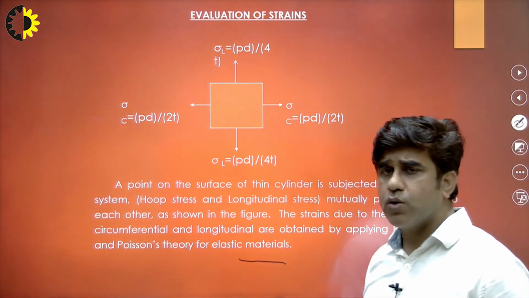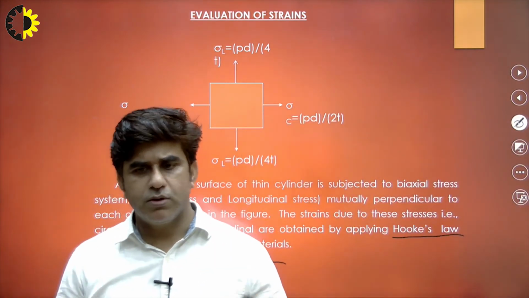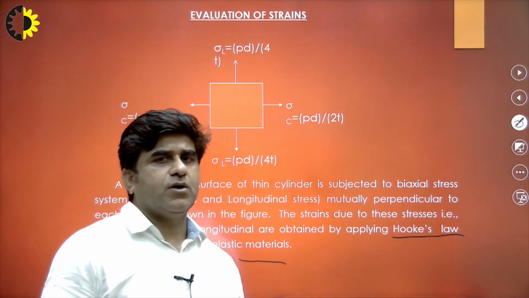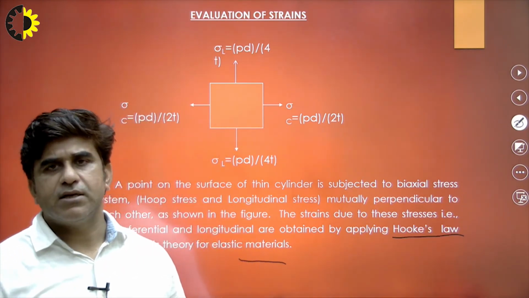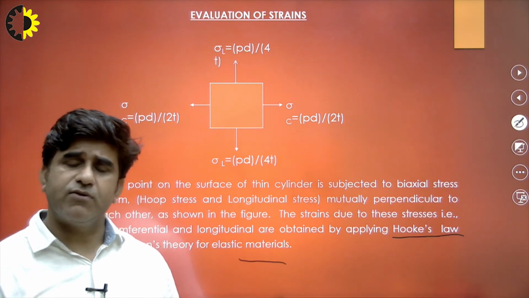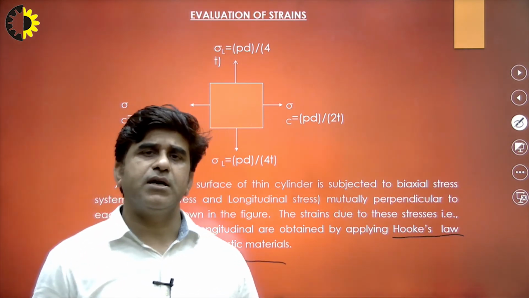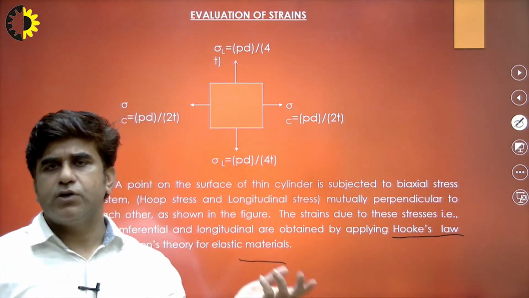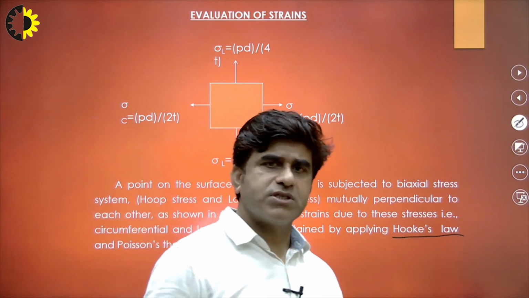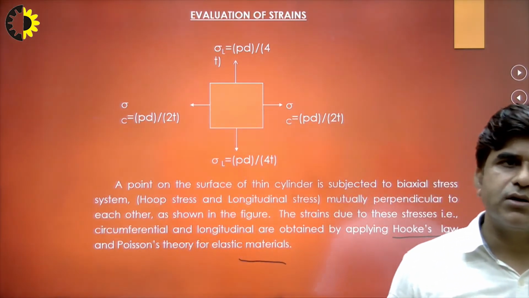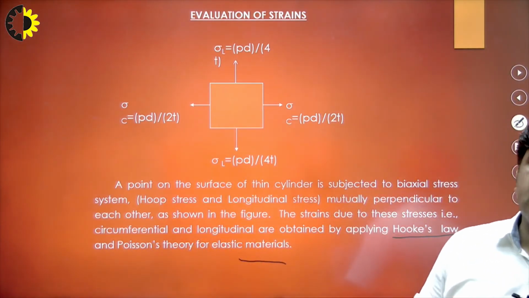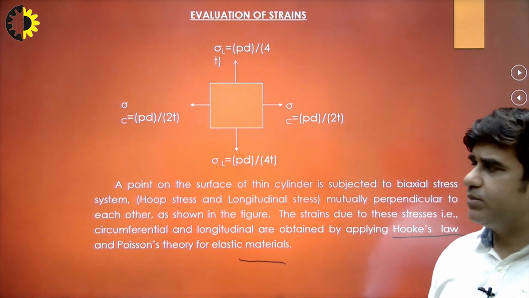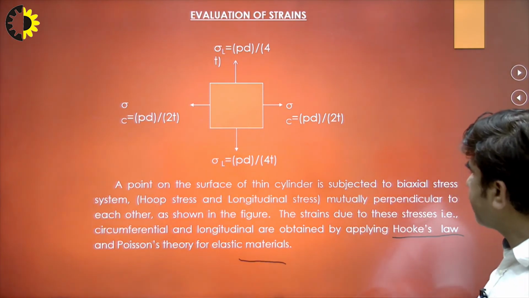Once we know the two mutually perpendicular stresses, then in any direction we can find the strain. In the direction of hoop stress, I can find the hoop strain, and in the direction of longitudinal stress, the longitudinal strain. So using Poisson's theory and Hooke's law, these strains can finally be calculated.